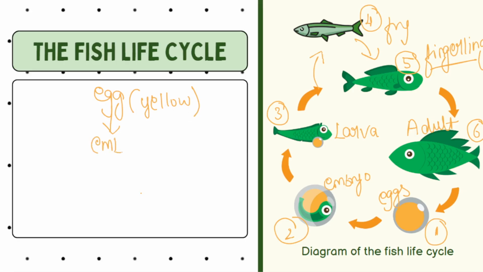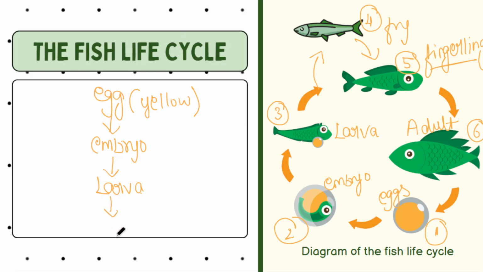What is an embryo? A small baby fish formed inside the egg. Then the third stage is larva. What is larva? Larva is when the egg breaks and the fish inside comes out. That is known as larva.